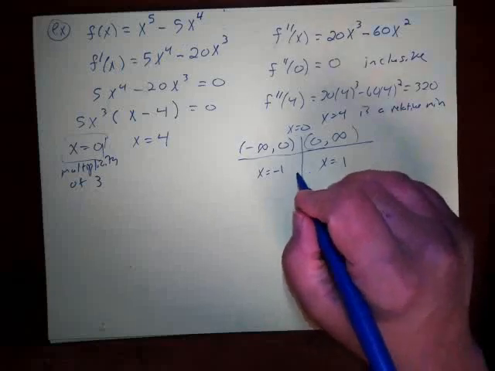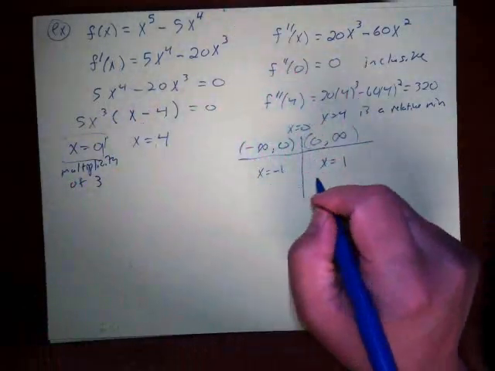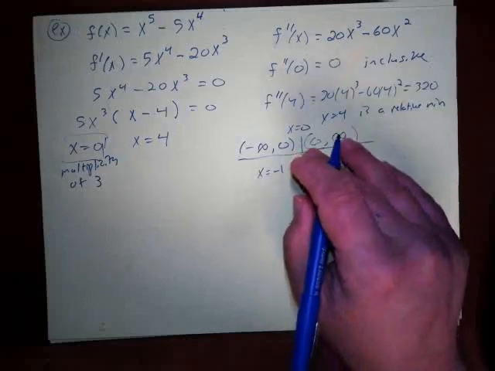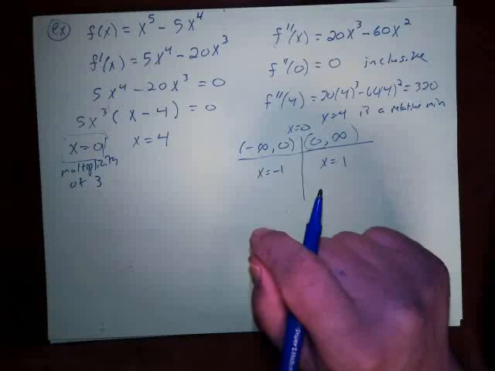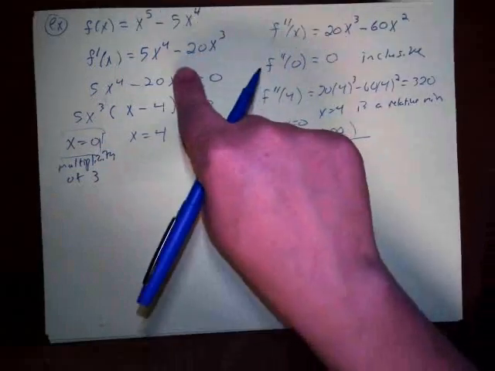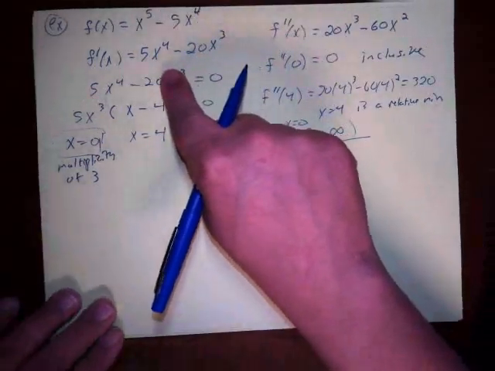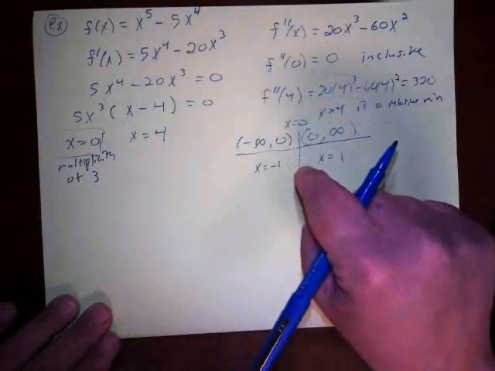Oh, but I'm putting these in the first derivative. I've got to be careful, because I'm doing a first derivative test. Wait a minute here. Yeah, I'm doing the first derivative test here. So putting in -1 there just gives me 5.